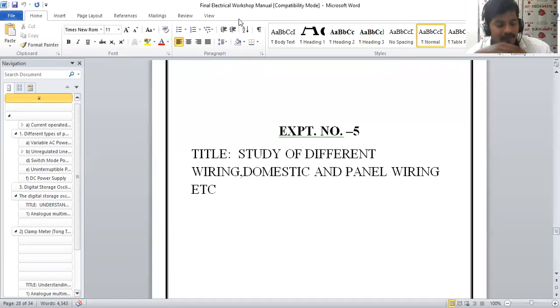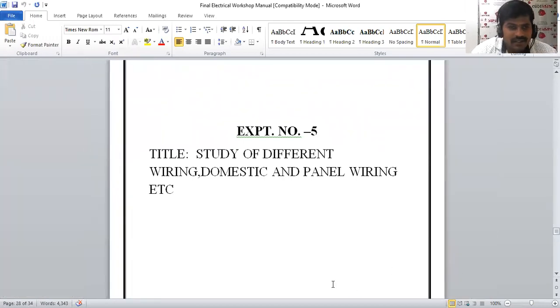In experiment number 4, we studied different types of meters. Now today we will discuss the next practical, experiment number 5: study of different wiring, like domestic and panel wiring.